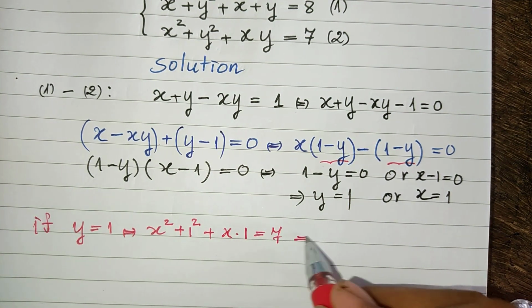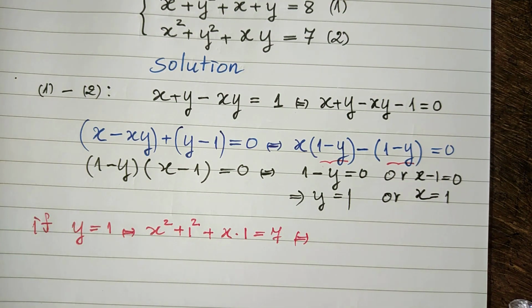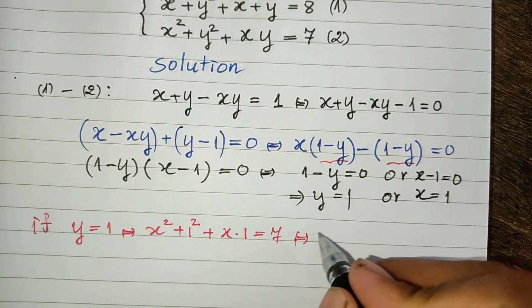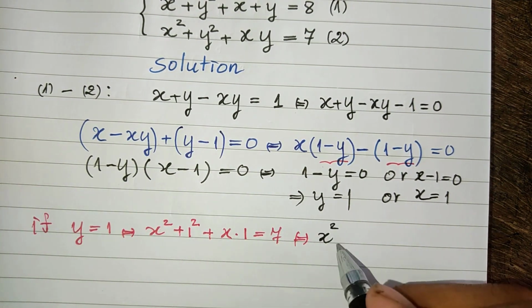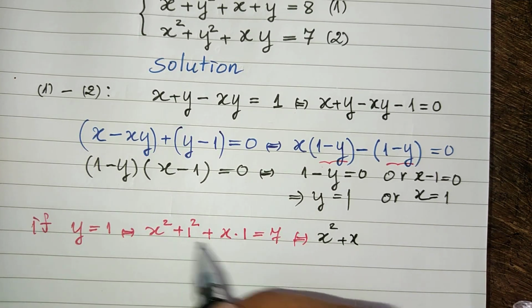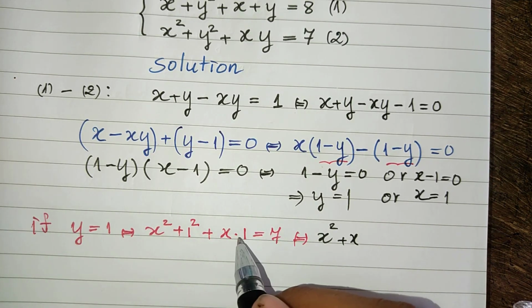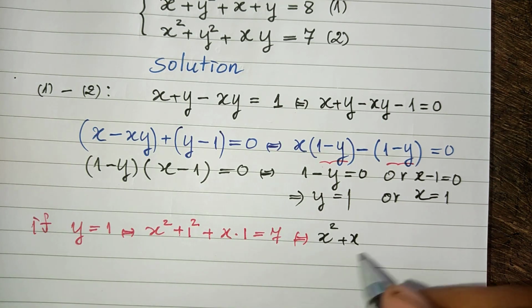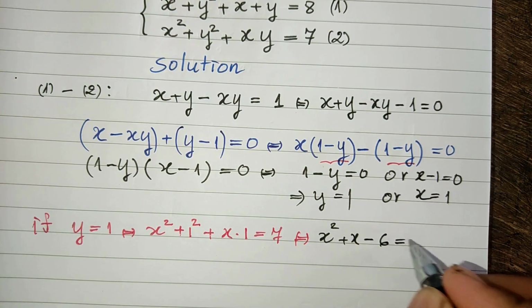Now I get a second degree equation: x squared plus x plus 1, and if I move 7 from the right hand side to the left hand side, we get 1 minus 7, which is minus 6, equals 0.